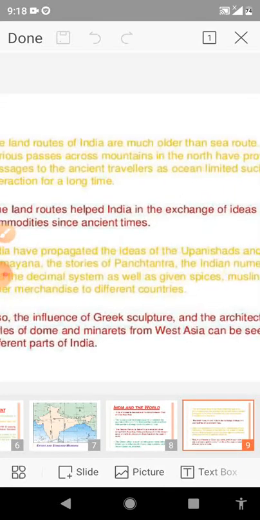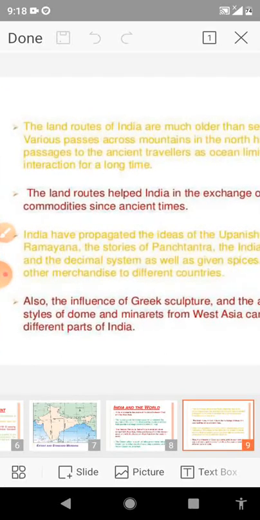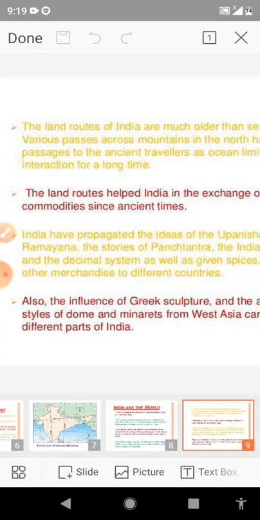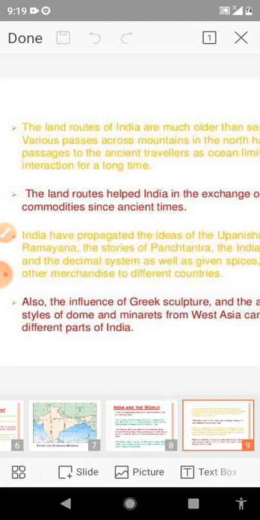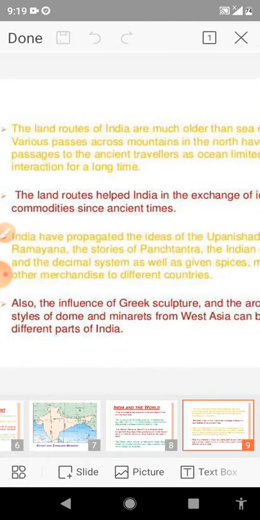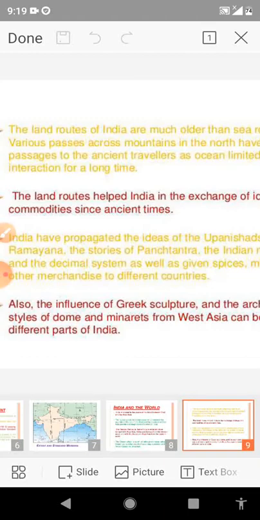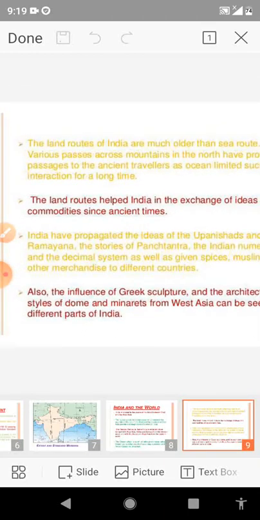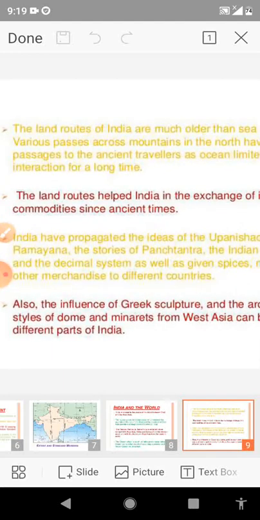After that, we'll discuss another benefit we are getting due to the strategic position of our country. Due to the strategic position, we have been able to maintain our trade and cultural relationship with the other countries of the world. If we take the example of land routes, they have played an important role since time immemorial, or you can say primitive times.